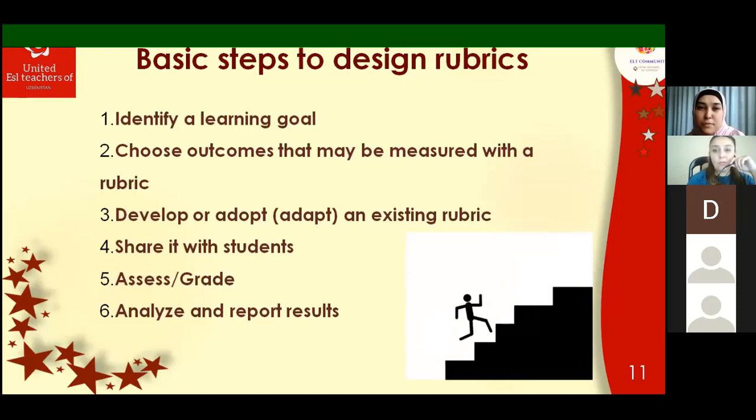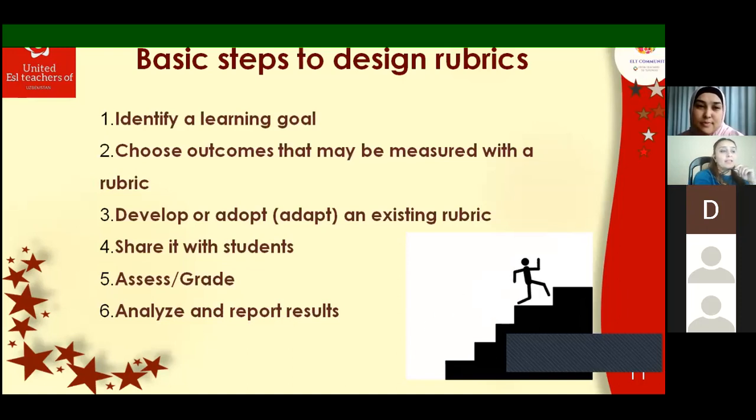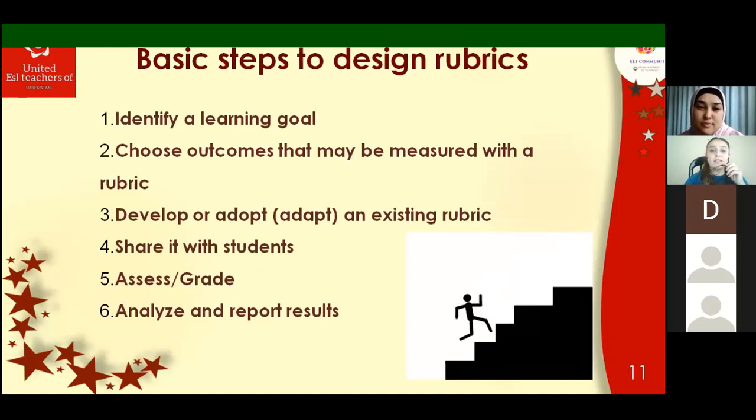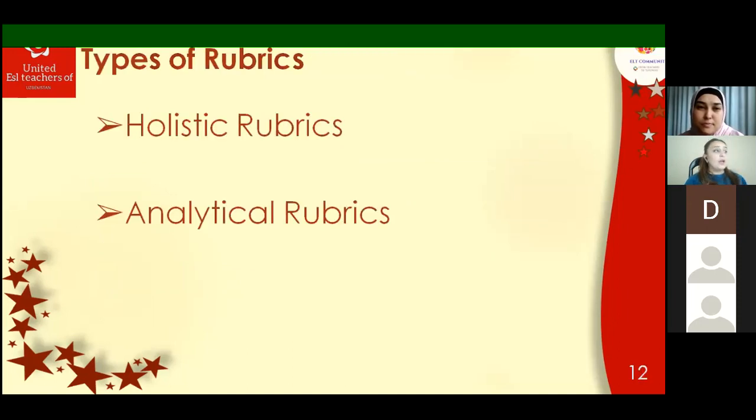It will never stop. We will work, analyze, go back and improve again, and in this way we will achieve better results, or proficiency, or perfectionism, we can say. And there are 2 types of rubrics, which are holistic rubrics and analytical rubrics.